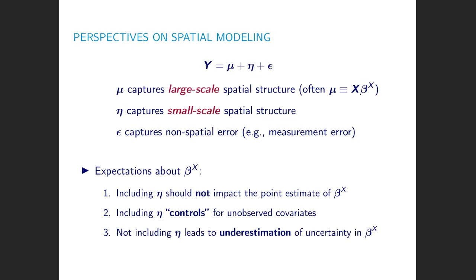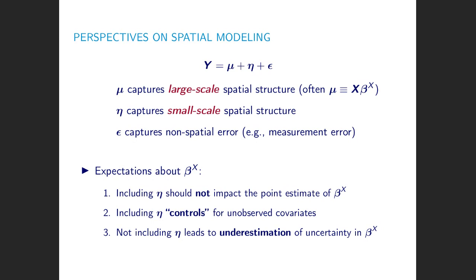And what Corey and I realized when we embarked on this research is that throughout the literature on spatial confounding, there seem to be certain expectations about beta x, this regression coefficient in the large-scale spatial structure of the model. And these expectations are that the inclusion of eta should not impact the point estimate of beta x.